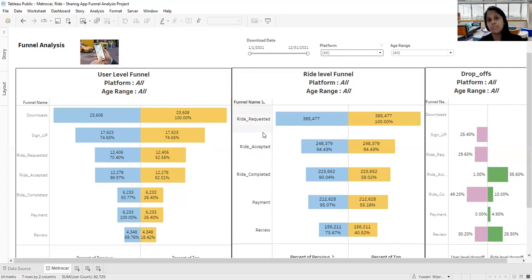For the ride level funnel, most of the stages have a good conversion rate, but there is a significant drop in the ride accepted stage. So the reasons would be issues with the user interface. Mainly the issues would be the user interface, and also pricing or availability that might discourage drivers from accepting requests.